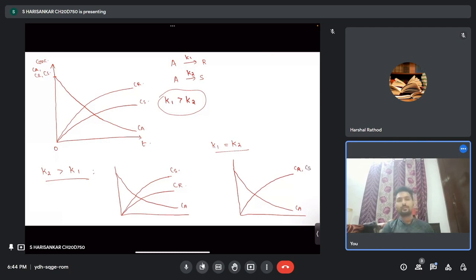Because both their reaction rate constants are the same, that means their rate of formation is also the same, and their concentrations will also be the same for all time, right? So yeah, these are some information regarding parallel reactions.